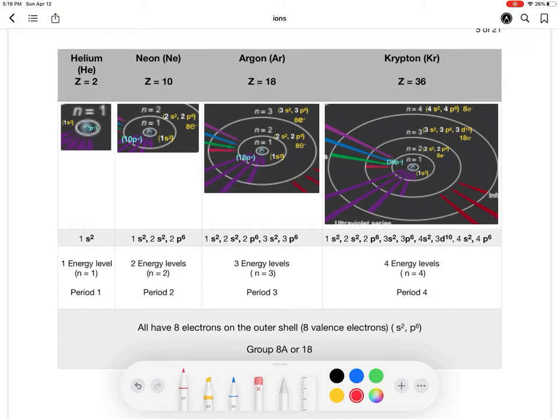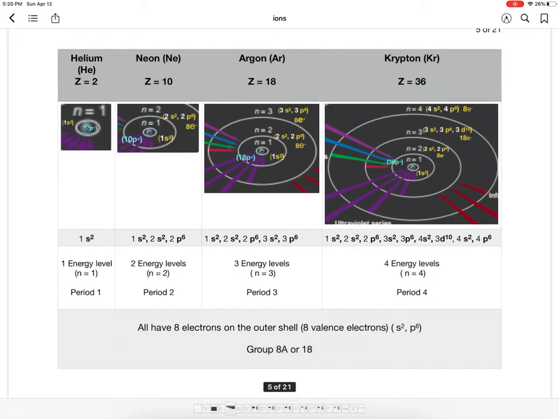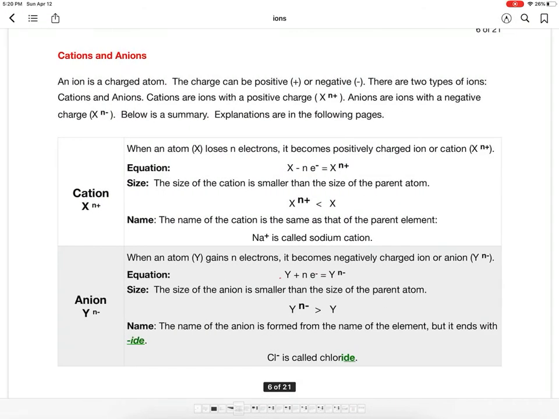And here I put the noble gases for you, the first 4 noble gases. Please note that they have 8 electrons on the outer shell, except for helium, which has 2, and that gives them somehow stability, so every atom to be stable has to look like one of the noble gases.